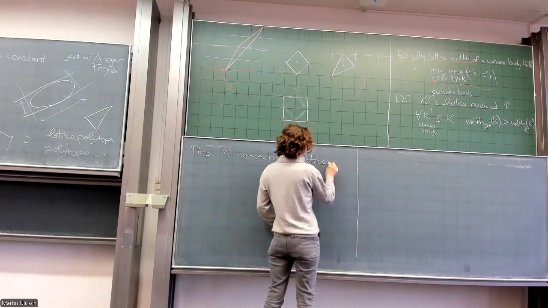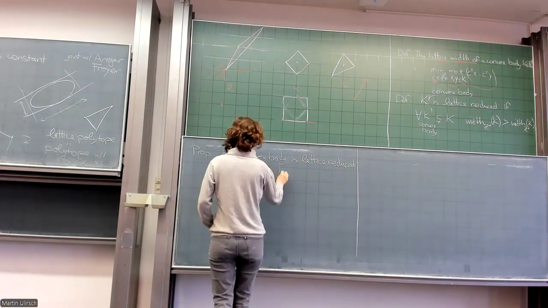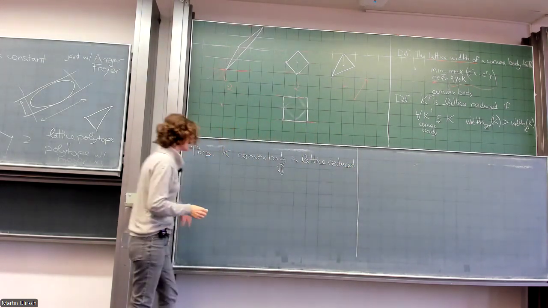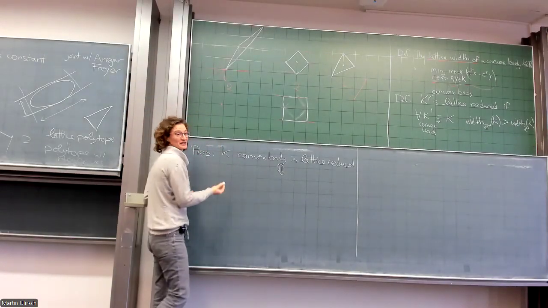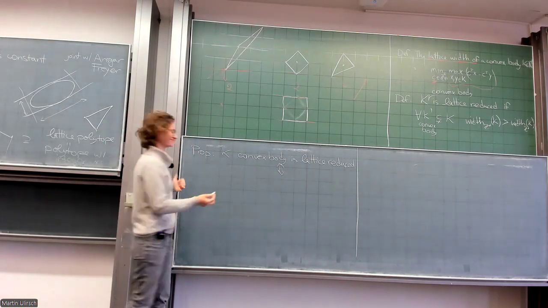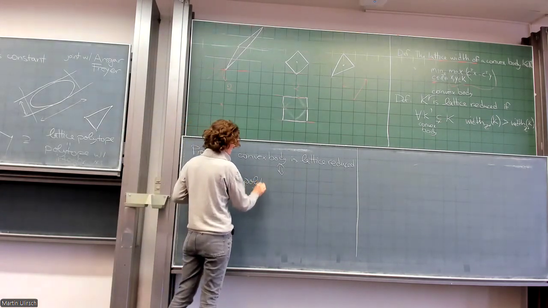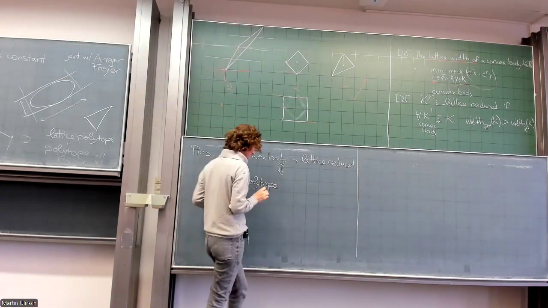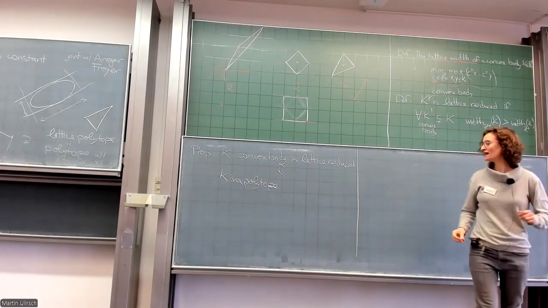It is lattice reduced if and only if we have these nice conditions. First of all, it should actually be a polytope.